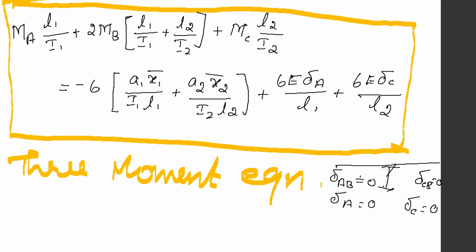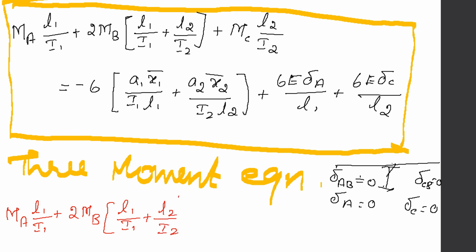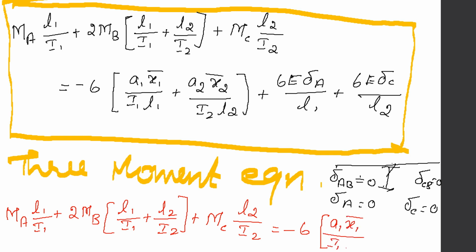So, if there is no displacement, no settlement of supports, then Clapeyron's theorem of three moments becomes MA into L1 by I1 plus 2 MB into L1 by I1 plus L2 by I2 plus MC into L2 by I2 is equal to minus 6 into A1 x1 bar by I1 L1 plus A2 x2 bar by I2 L2.